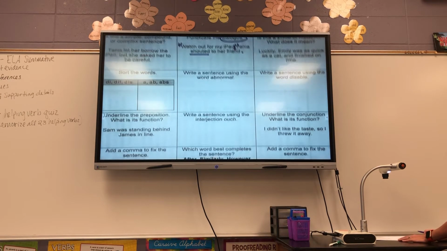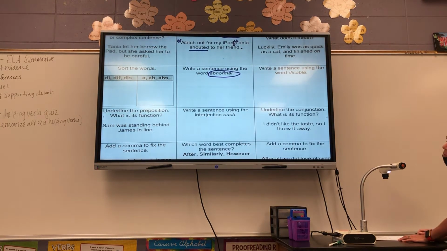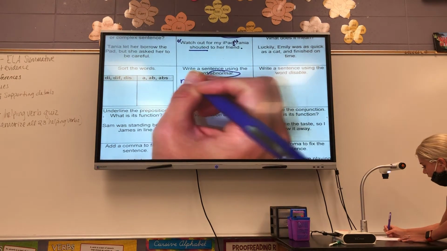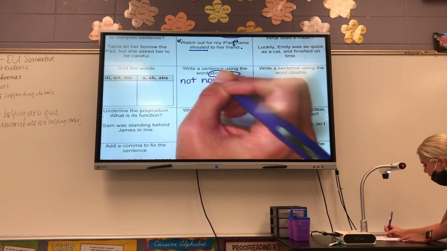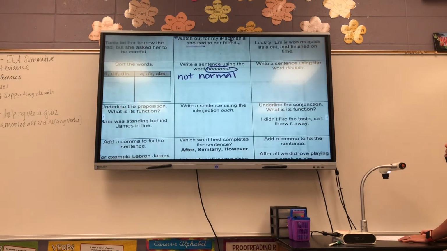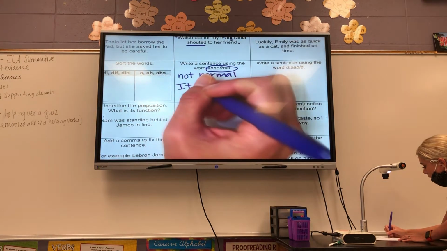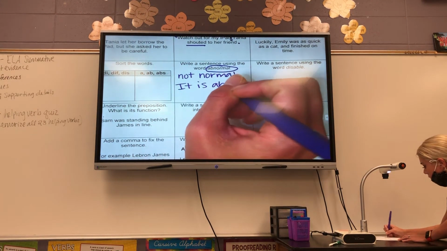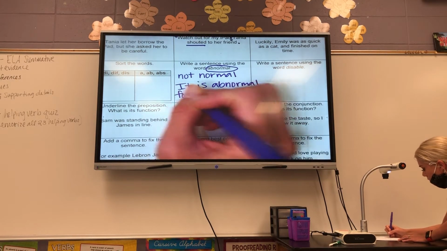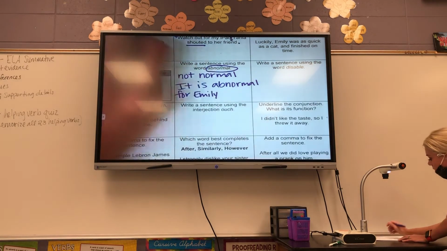Okay, write a sentence using the word abnormal. First of all, I need to know what abnormal means. So I know that abnormal, we learned this last week, means not normal. I'm going to write, it is abnormal for Emily, and I'm going to just write Emily again since we're talking about Emily.